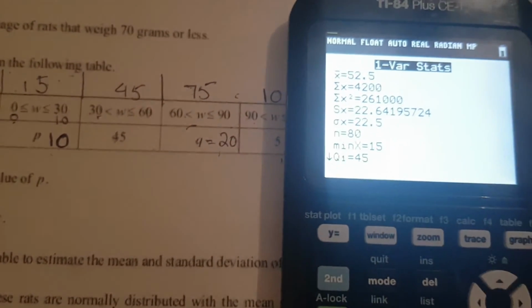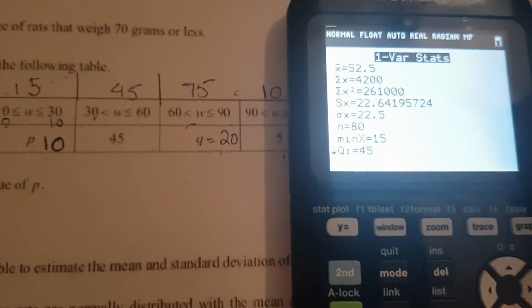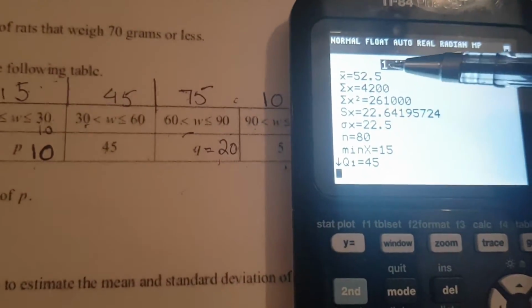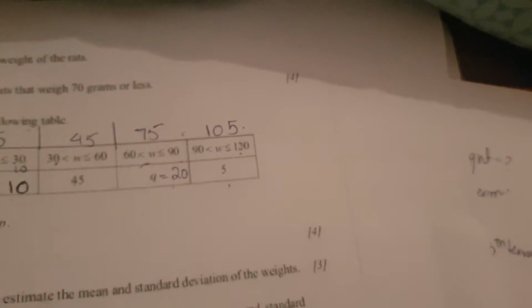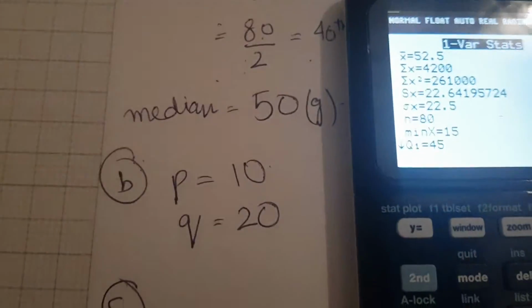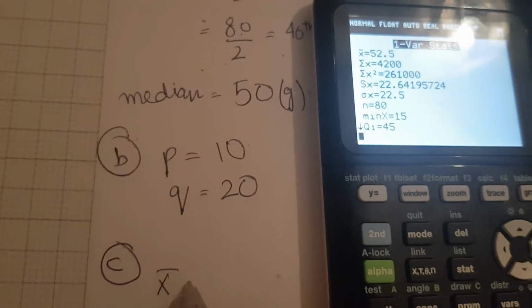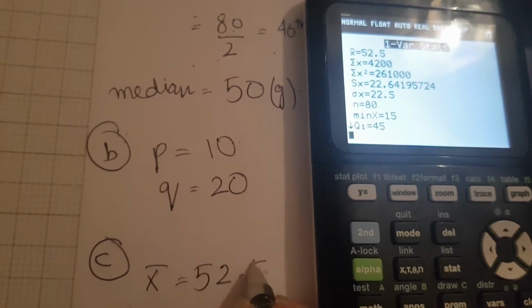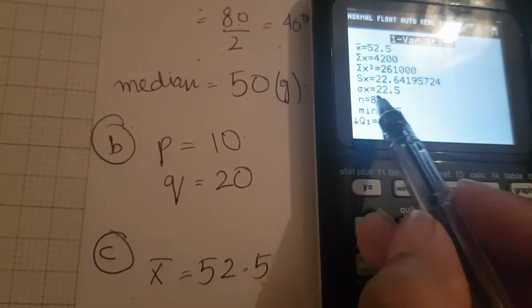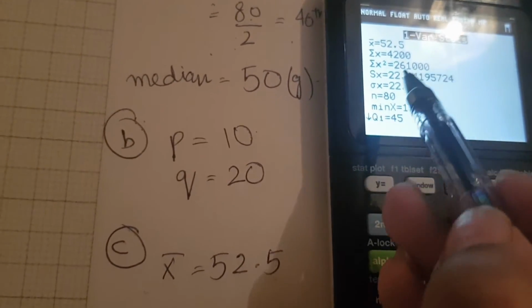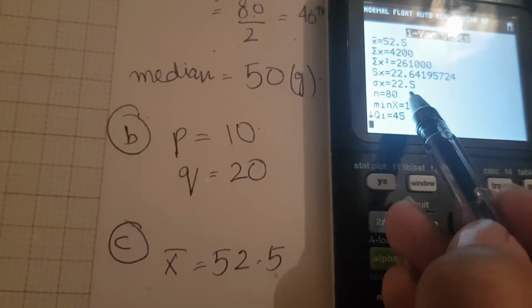Now calculate. Okay. My mean is this part, which is 52.5. My mean is 52.5 and my standard deviation is 22.5.